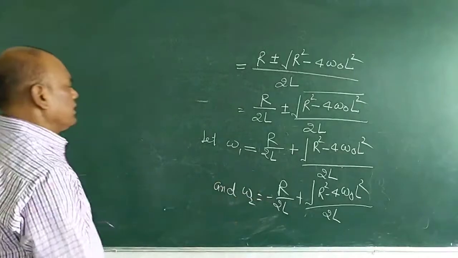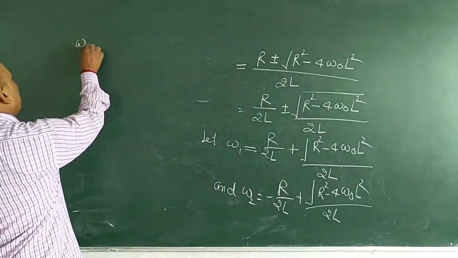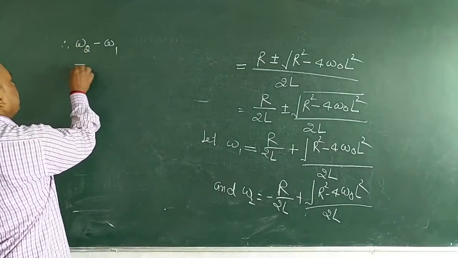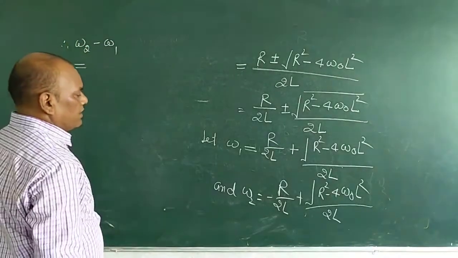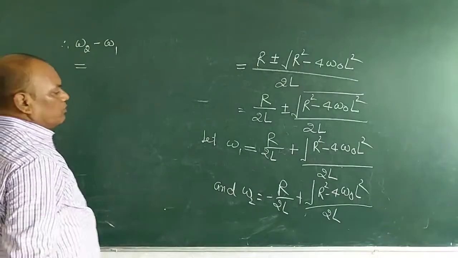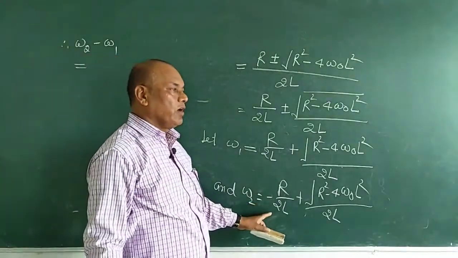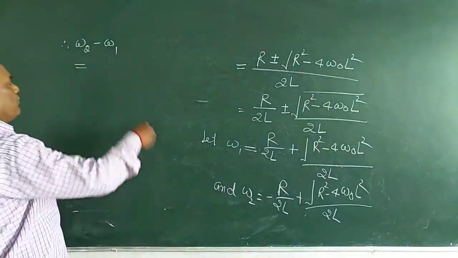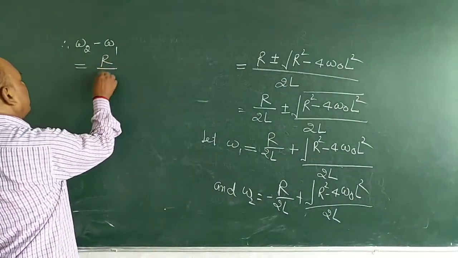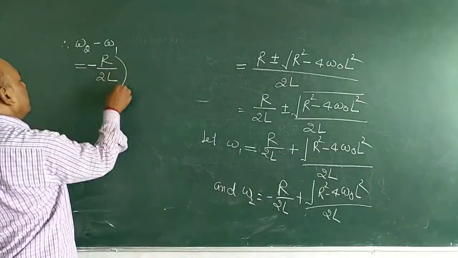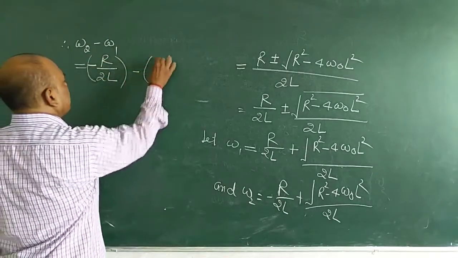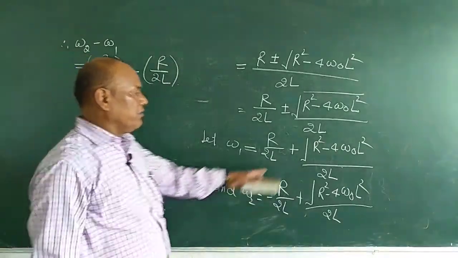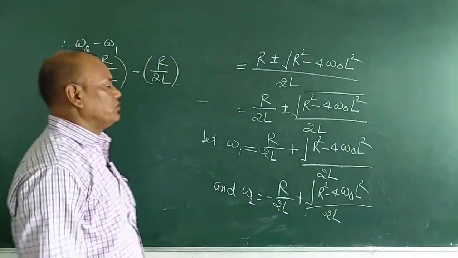Therefore, omega 2 minus omega 1. When we take the difference of this, it will be R by 2L minus minus R by 2L, and the remaining factors will be cancelled out.